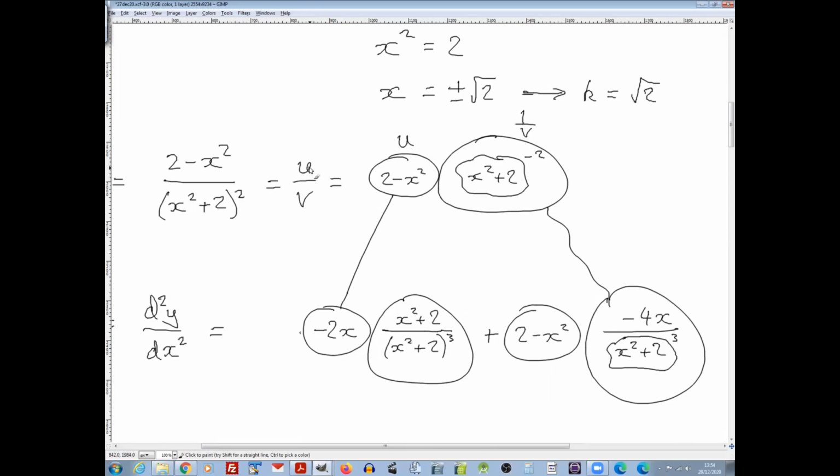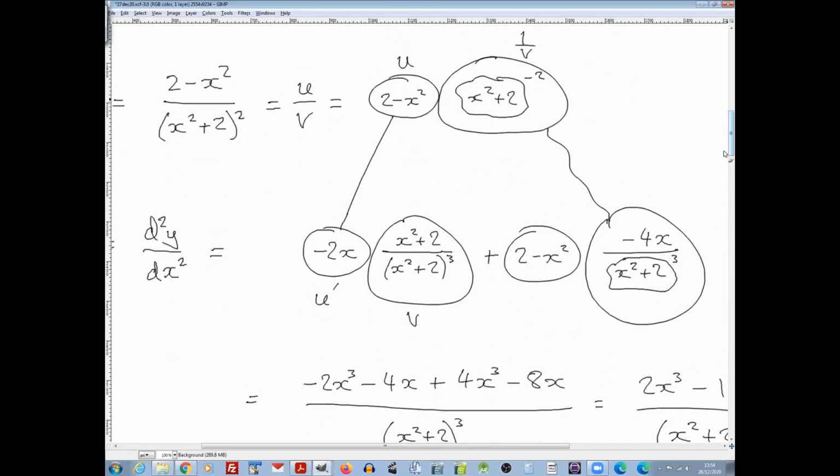And the quotient rule says that the derivative of u over v is u dashed v plus u v dashed, over, don't forget, v squared.